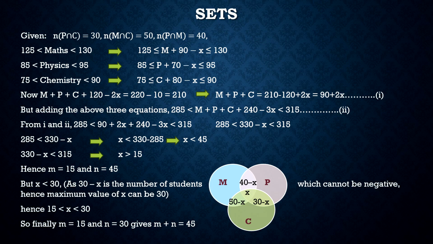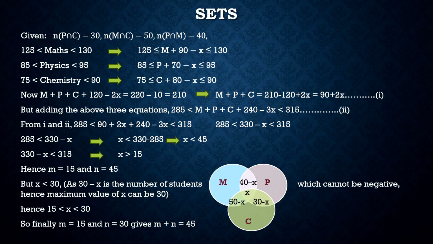So that amounts to 120 minus 2x. So total all the elements in all the 3 circles together considered is M plus P plus C plus 120 minus 2x. This is given equal to 220 minus 10, because 10 students don't study any of the subjects. So that amounts to 210.